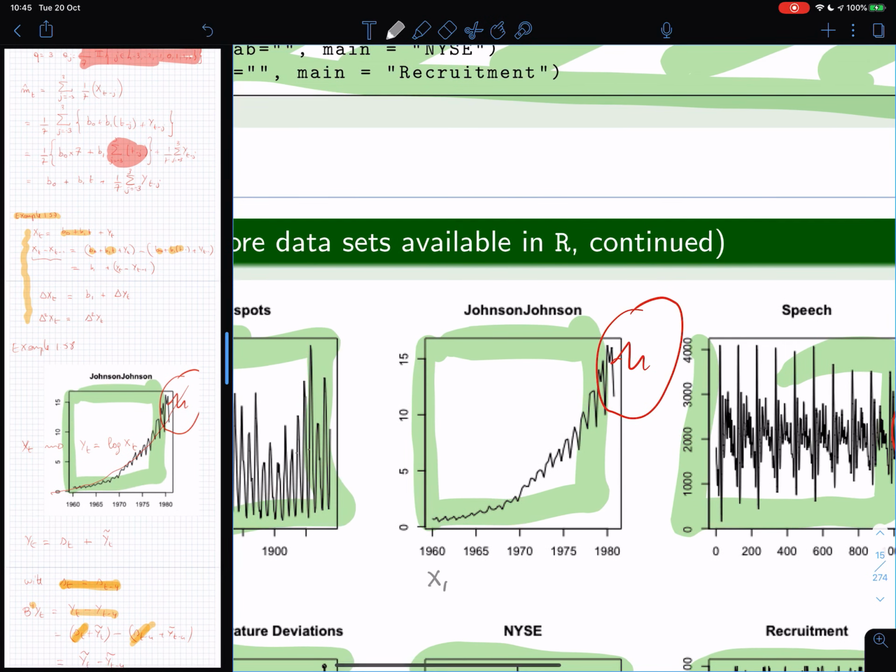and it feels quite obvious that this X_t is of the form something, which would be the trend, plus something which would be a seasonality, which gives these regular waves around the trend, plus some random noise.